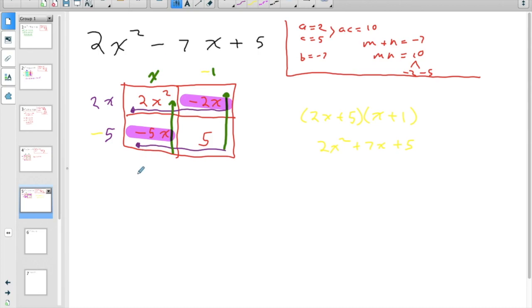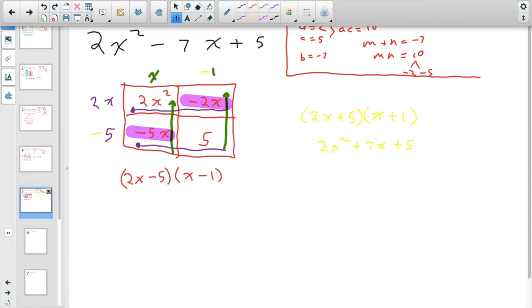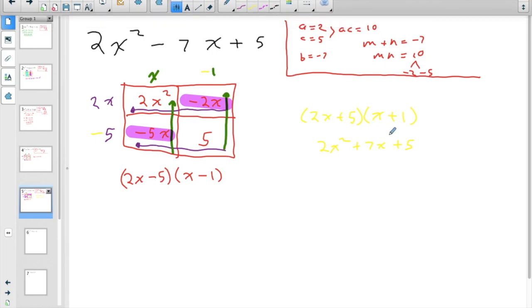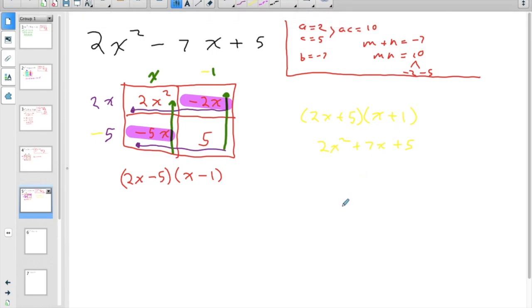And now this gives us the actual answer that we are looking for. We now have 2x minus 5 and x minus 1. Okay, that will do it for this video. What we discussed was factoring trinomials using 3 different organizational methods.